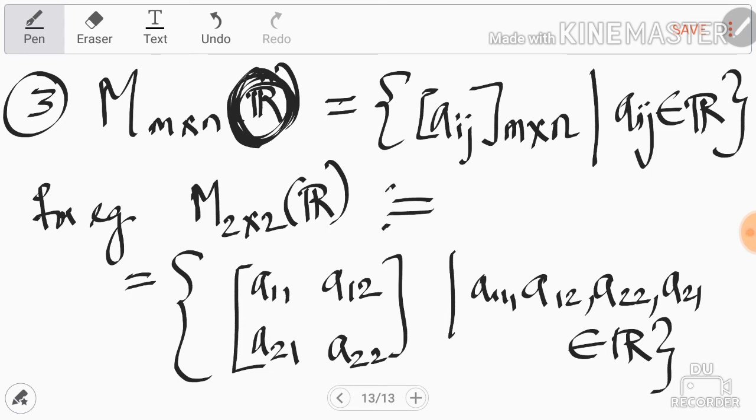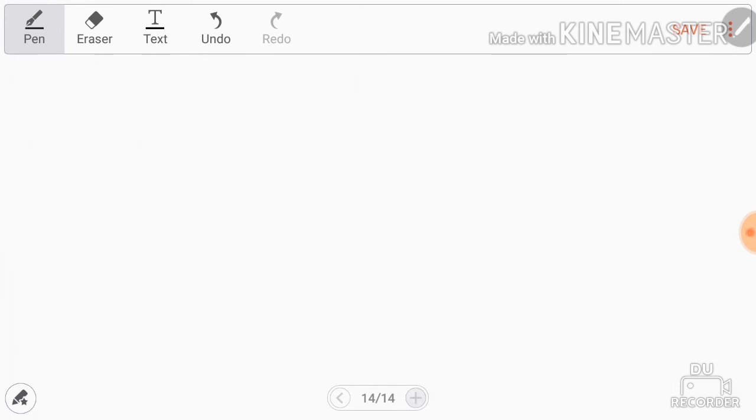You can also denote it by simply M2(R). So if I'm simply writing it as M2(R), it would simply mean that this will contain all 2 cross 2 matrices.